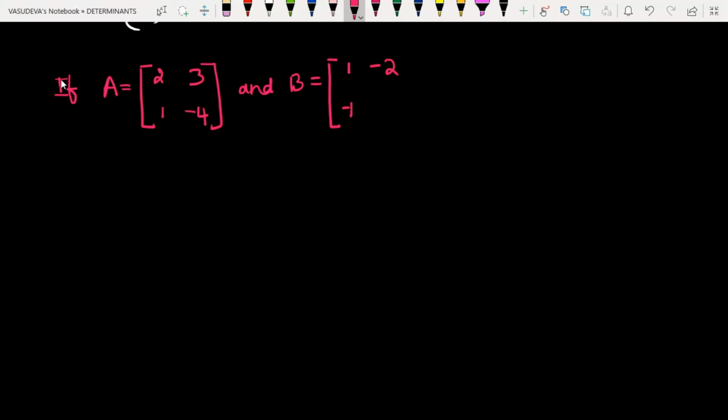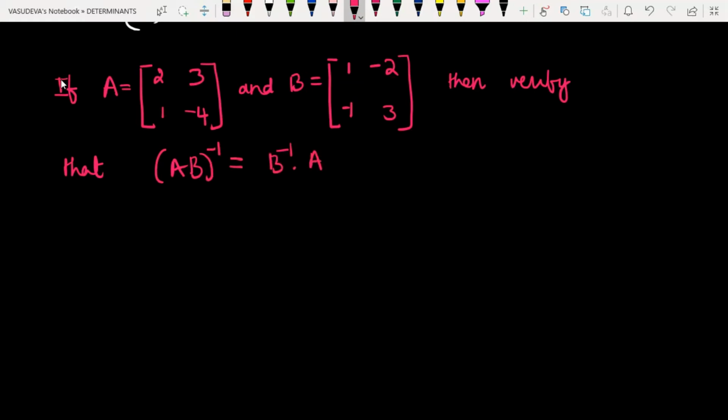Now consider one problem. If A is the matrix 2, 3, 1, minus 4, and the matrix B is 1, minus 2, minus 1, 3, then verify that the inverse of AB is equal to B inverse into A inverse.